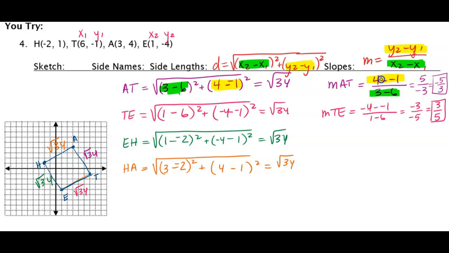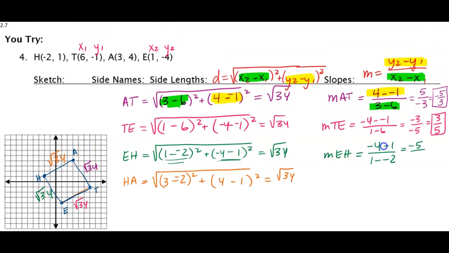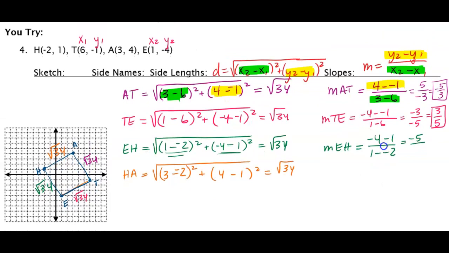So for these next two, I want to do kind of a shortcut. Since we already went through all the work of labeling everything, we can just go straight to taking the second parentheses, so negative 4 minus 1, so this one right here, and then dividing it by this one, so 1 minus negative 2. So that would be negative 5 over 3, and that one is done.